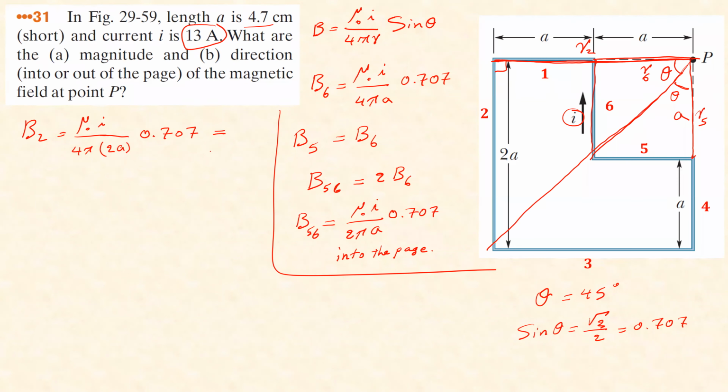And this is the same for B3. You see B2 equals B3 equals 1/2 of B6, because there's a factor of 2 here, and 1/2 of B5. And B2 and B3 are out of the page.